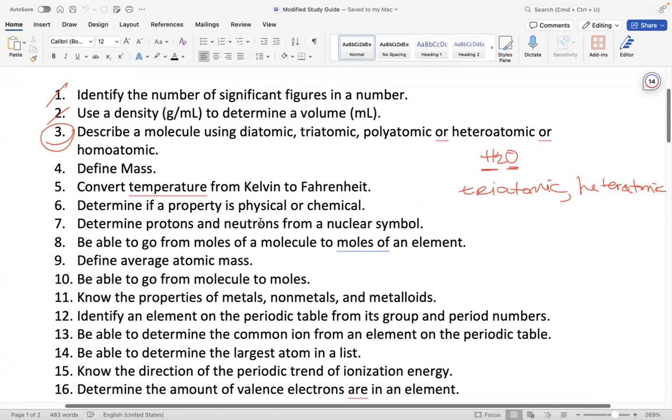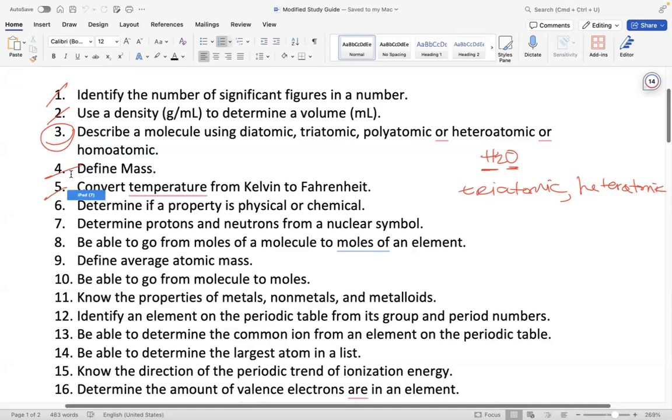Yes. All right. Define mass. I don't remember how I specifically defined it in our lecture, but the weight of something, in a substance or object. Yeah.